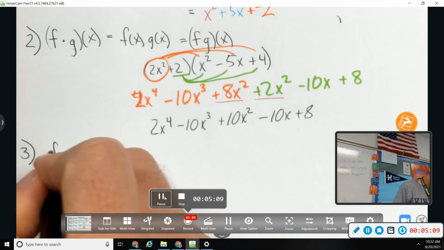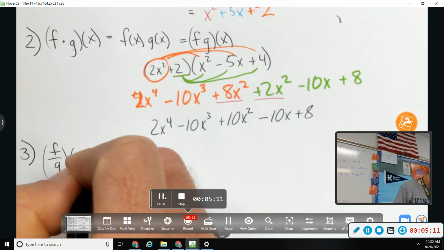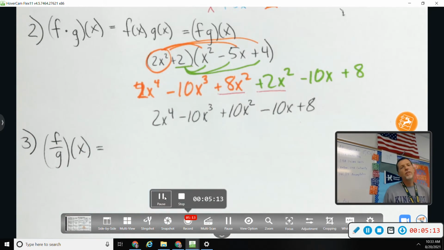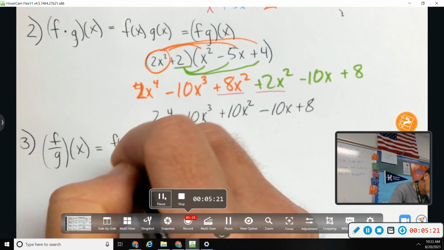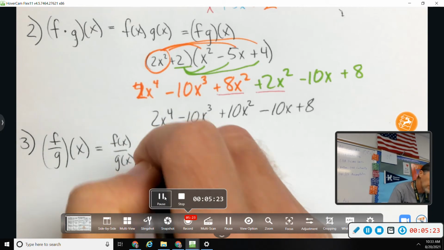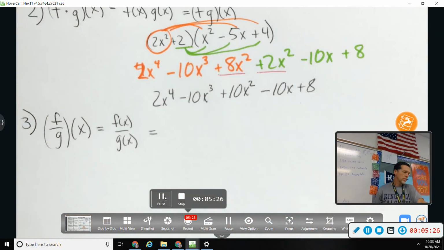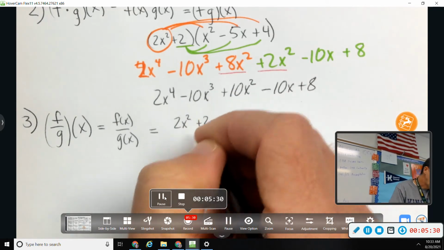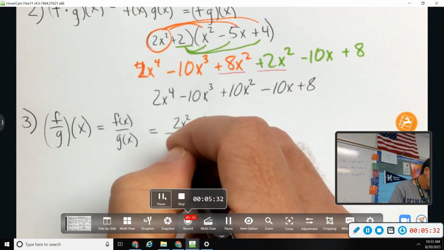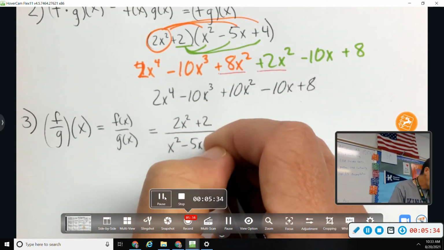Number 3, f over g of x. And again, that doesn't mean f divided by g times x. It means f of x over g of x. 2x squared plus 2 over x squared minus 5x plus 4.